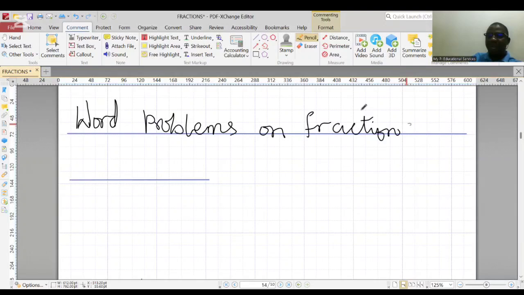So how do you apply fractions to real life situations? At the end of this lesson, you should be able to interpret and analyze word problems on fractions and solve the word problems on fractions. Let's get started.